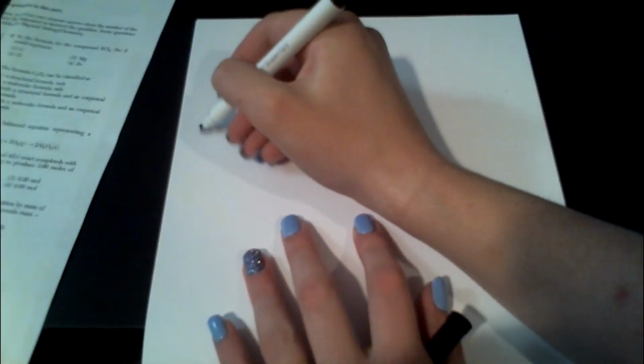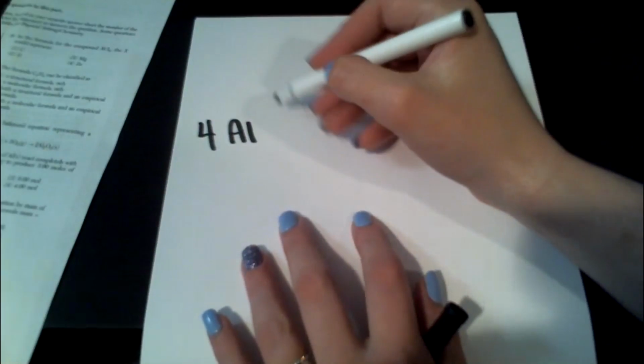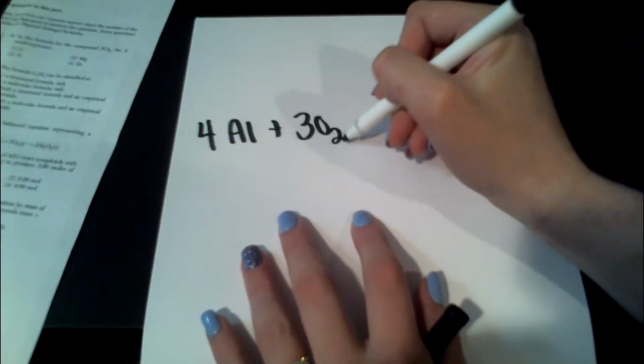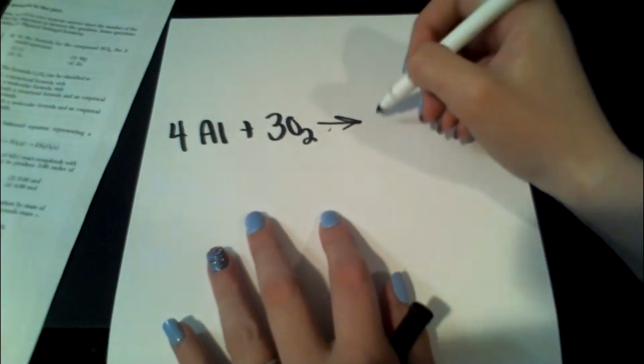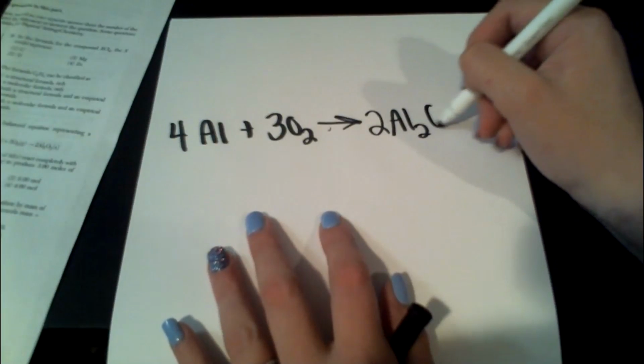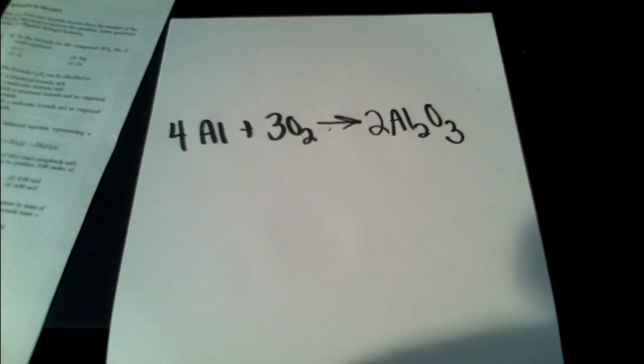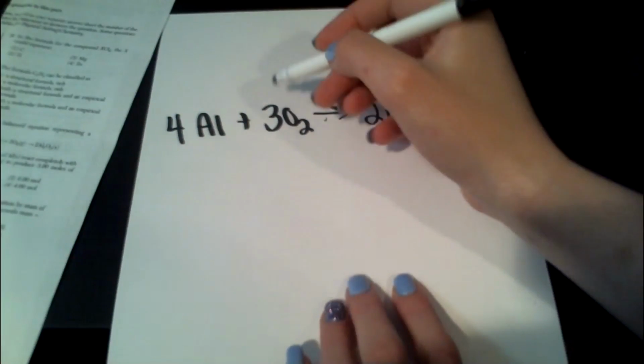Okay. What question were we on? 38? I think we were on 38. Let's get back to the test. Okay, 38. We have 4 aluminum, 3 oxygen, and 2 aluminum oxides. To do this, we have how many moles of aluminum react completely?